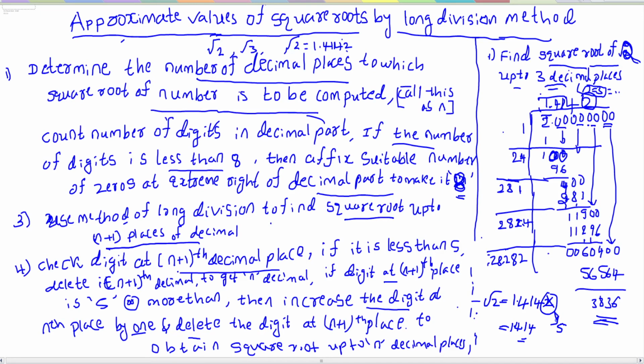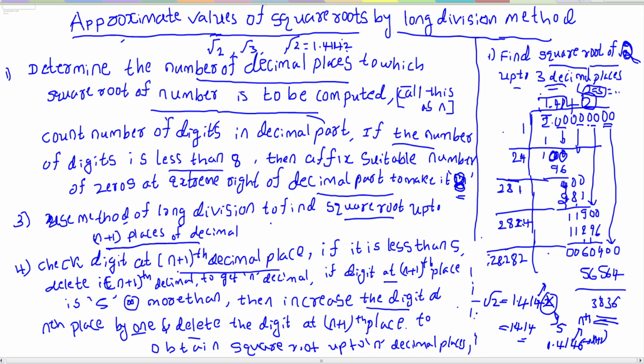If it is 5 or more than 5, increase the digit at the nth place. See, this is n. For example, if it is 1.4146, this is the n plus 1th digit and this is the nth digit.